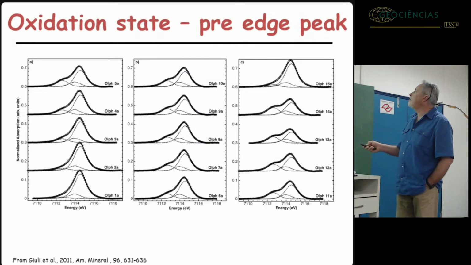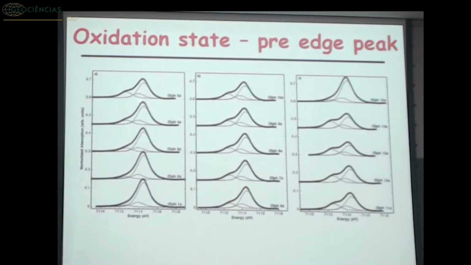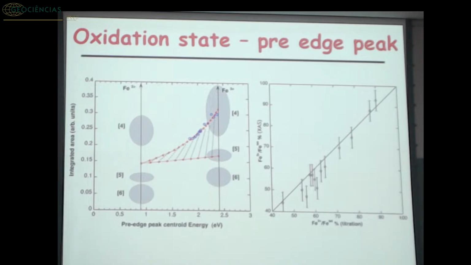And this is how the pre-edge peak varies from the most reduced to the most oxidized. We can deconvolute the pre-edge peak with 2 or 3 different components. Usually 2 is more than enough. And by computing the centroid energies, which is the average of the energy of the component times the relative area compared to the total area, and their integrated intensity, we can get a trend like this.